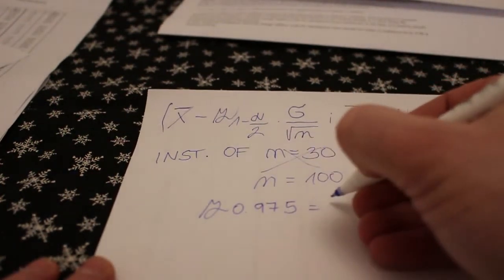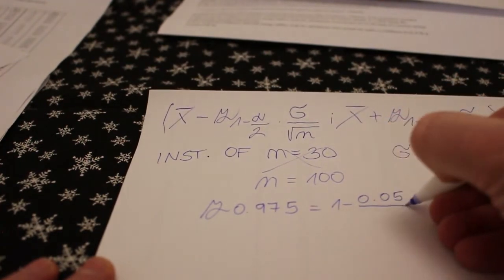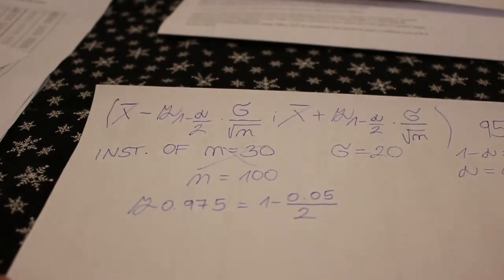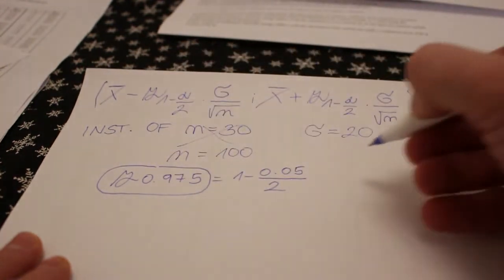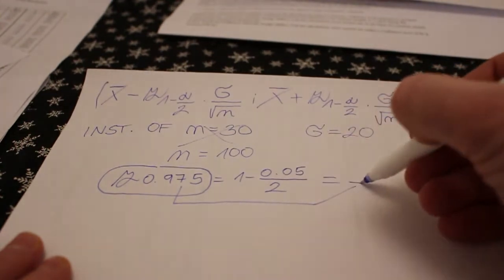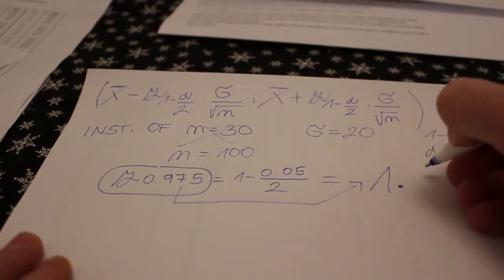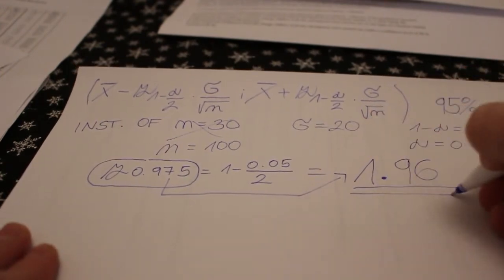Why? Because I calculated this like 1 minus 0.05 divided by 2. And this 97.5% quantile of the standard normal distribution is 1.96. Yes? Do you believe me?